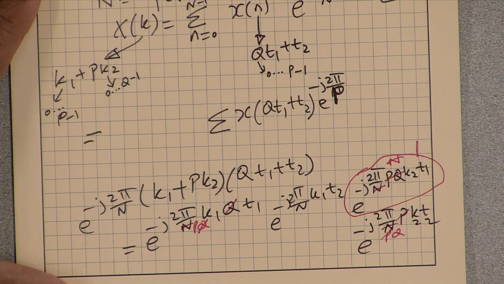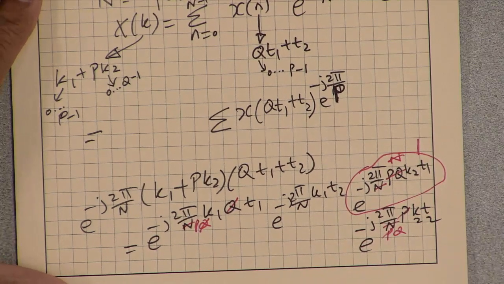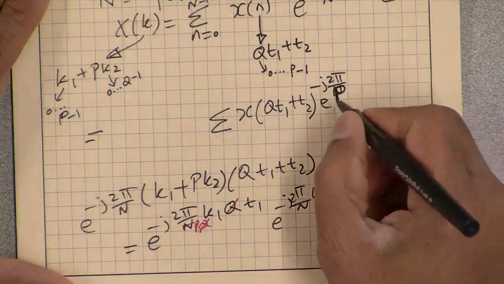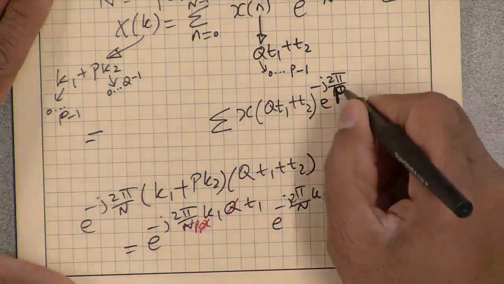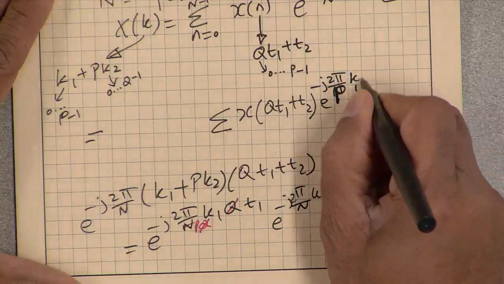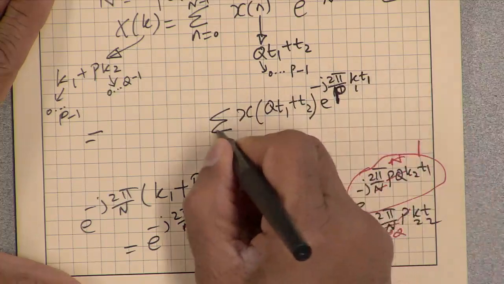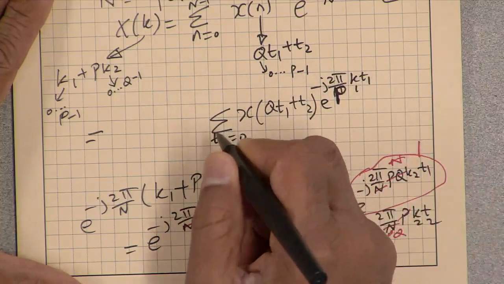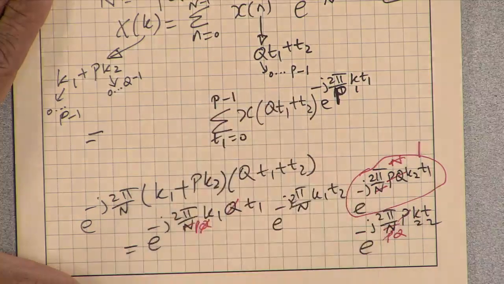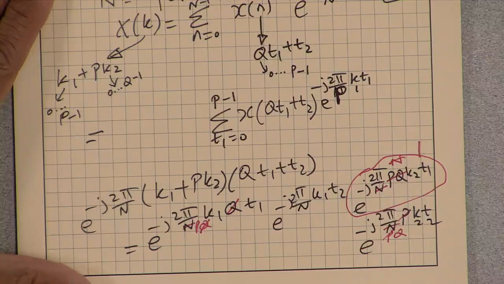And why does that matter? Because it matters if we are taking P point or Q point DFTs. So now I can group this one here, e to the power minus j 2 pi by P times K1 T1, summed over T1 equal to 0 to P minus 1.